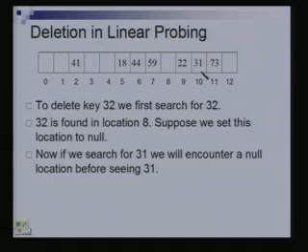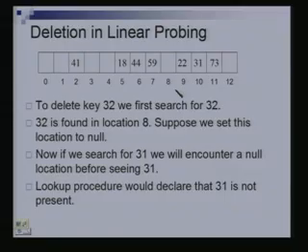But once you delete this, then you have a problem. So somehow we have to do something different here. We can't just set this location to null. We can't just mark this location empty. Lookup will declare that 31 is not present, which is wrong. Everyone with me?